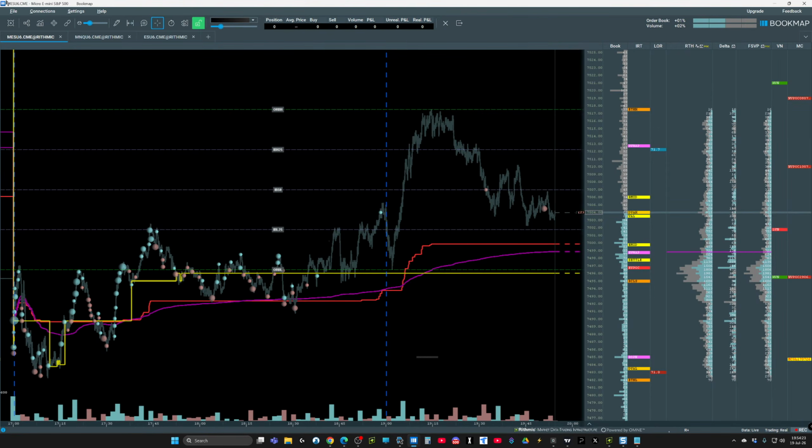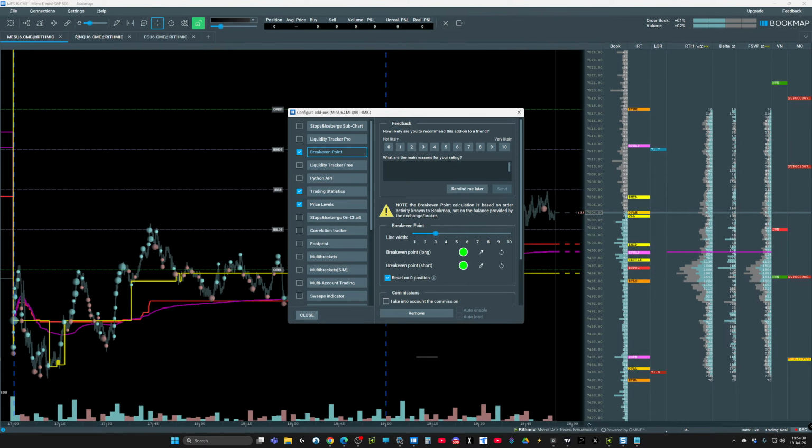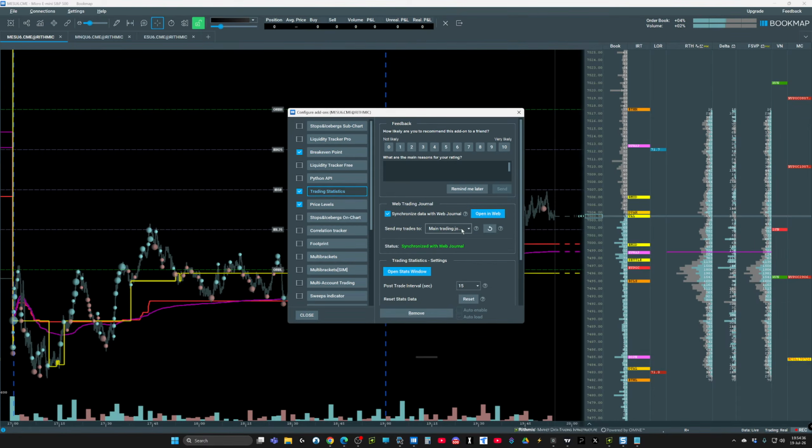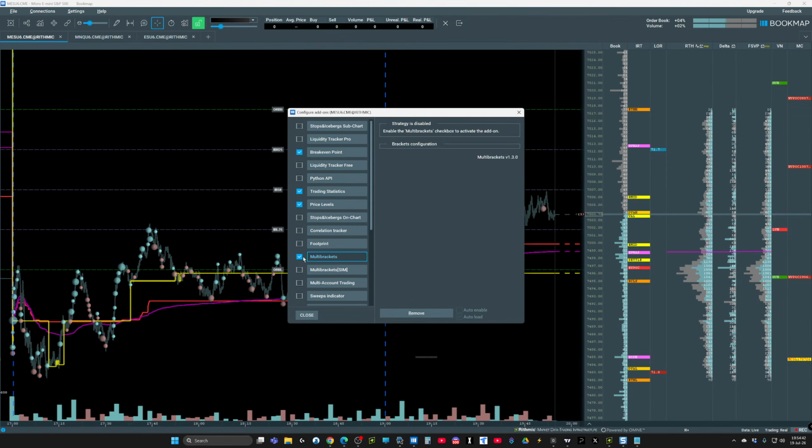So then we're going to zoom back over here. We're going to make sure that we have the right statistic journal over here. We're going to make sure that we have the multi-brackets on. And there they are. This is live trading now, remember.